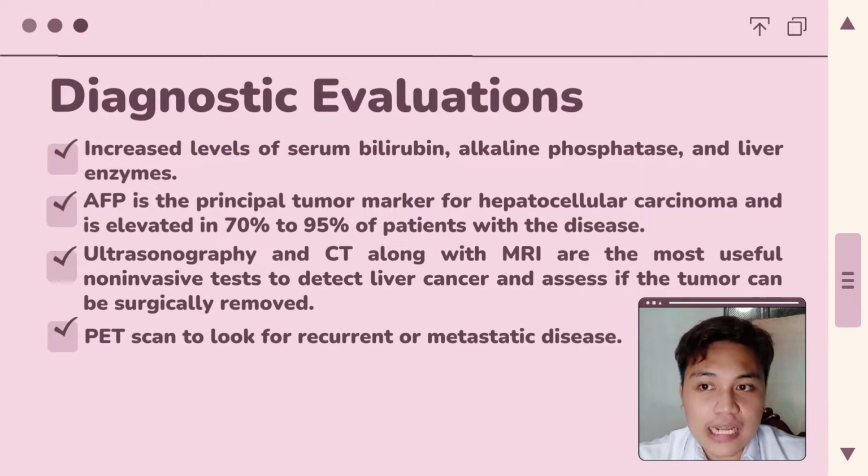Third, ultrasonography and CT along with MRI are the most useful non-invasive tests to detect liver cancer and assess if the tumor can be surgically removed. Next is the PET scan to look for recurrent or metastatic disease.